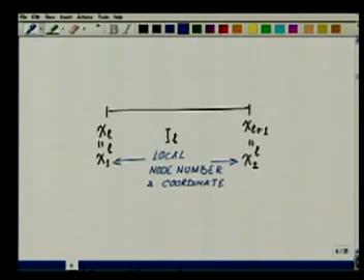And this is inherited from a global number. That is, it is inherited from here. So there is a one-to-one correspondence between these local nodes and the global nodes.